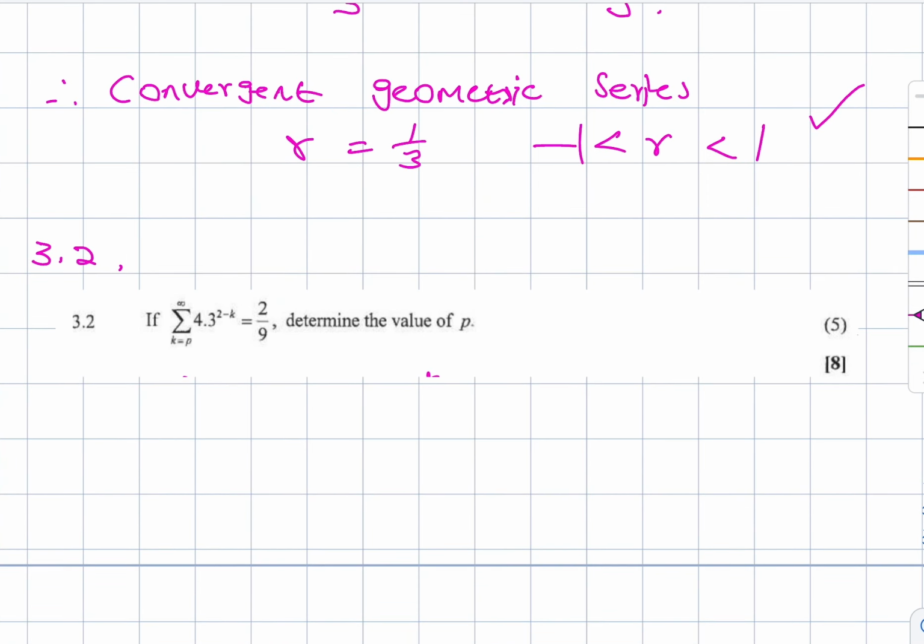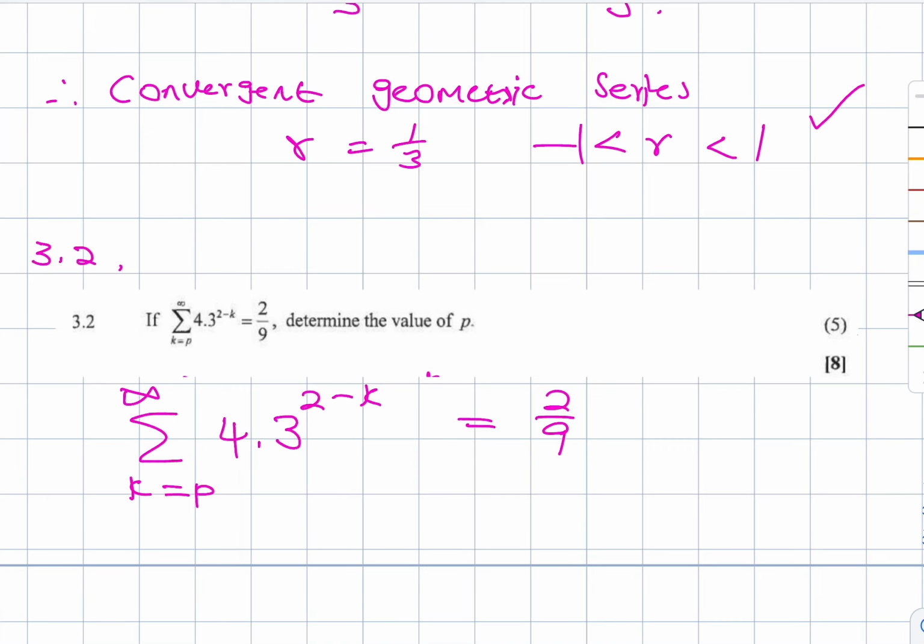So basically this series is given as k is equal to p up to infinity of 4 times 3 to the power 2 minus k, which is equal to 2 over 9. They want us to work out the value of p.